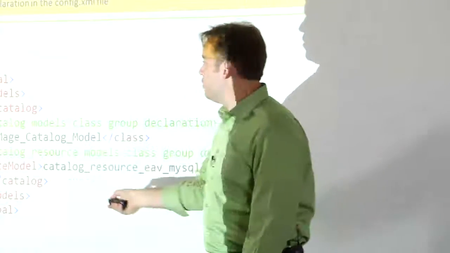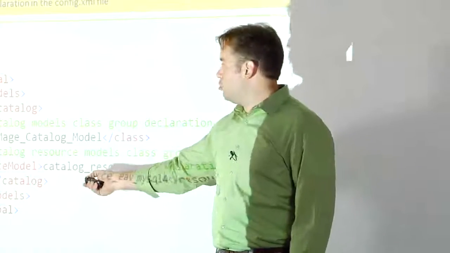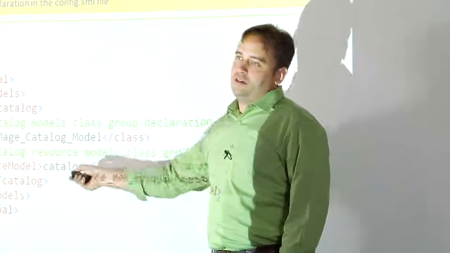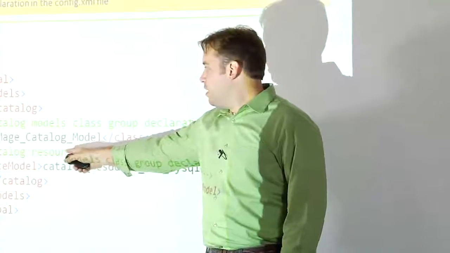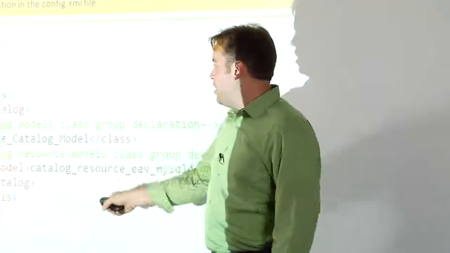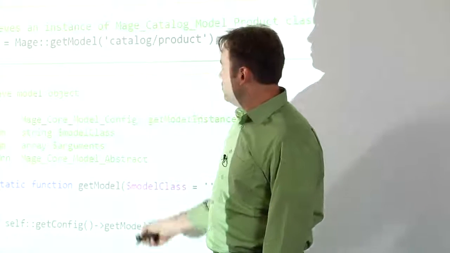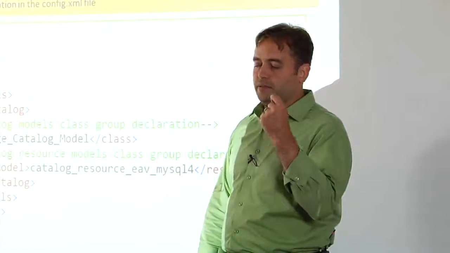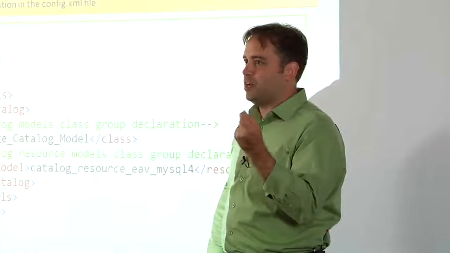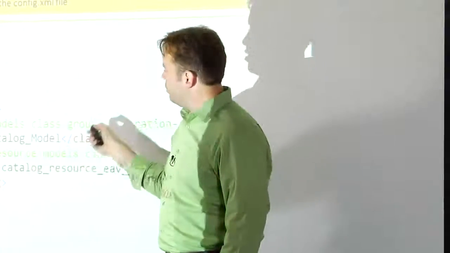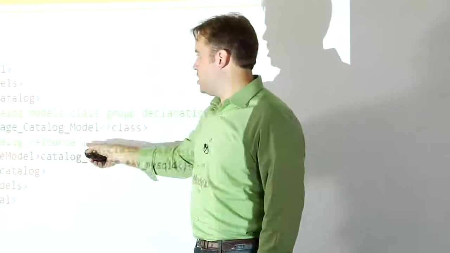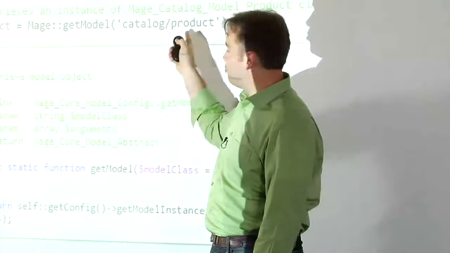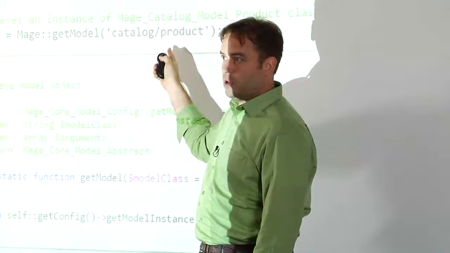And then in there, a node named class, which specifies this class prefix. So this becomes the first part of the class name. If I have product here, then the system is going to try and instantiate a class Mage_Catalog. It's going to match catalog under here and try and instantiate Mage_Catalog_Model_Product, with a capital P.